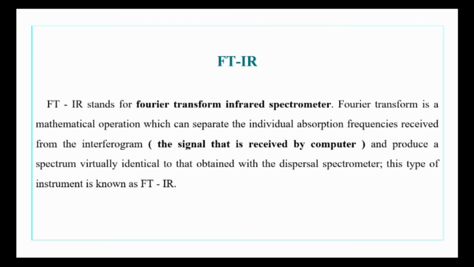Fourier transform is a mathematical operation which can separate the individual absorption frequencies required from the interferogram. The interferogram is the signal that is received by the computer in FTIR, and it produces a spectrum virtually identical to that obtained with the dispersive spectrometer. This type of instrument is known as FTIR. Okay.